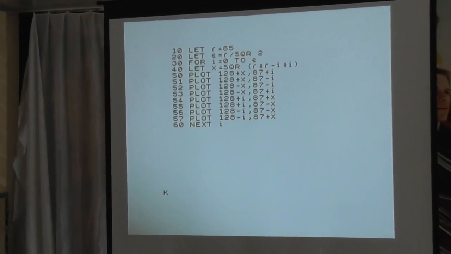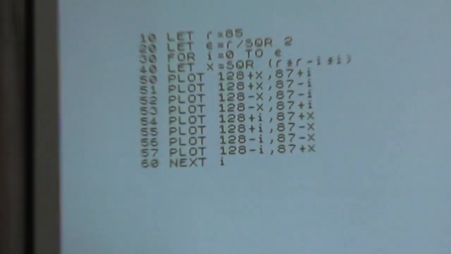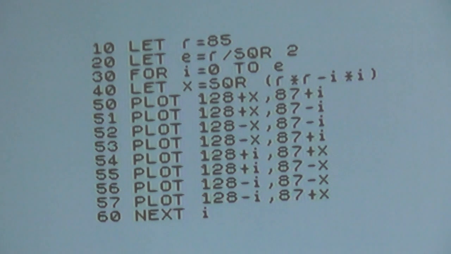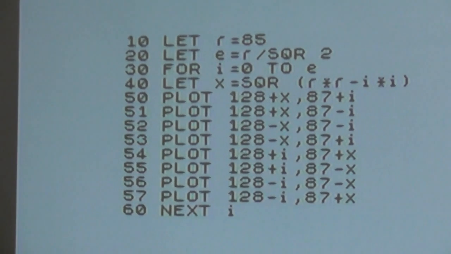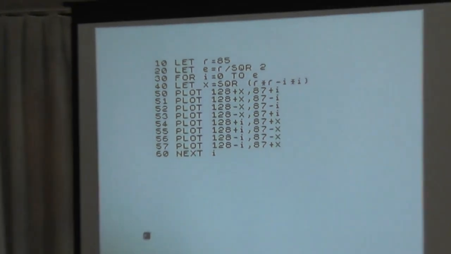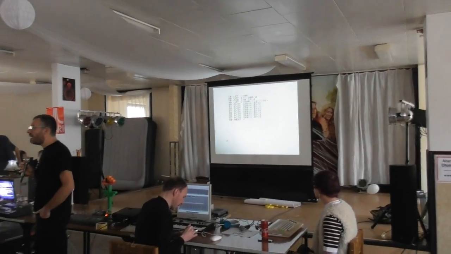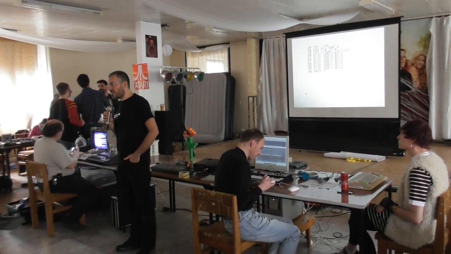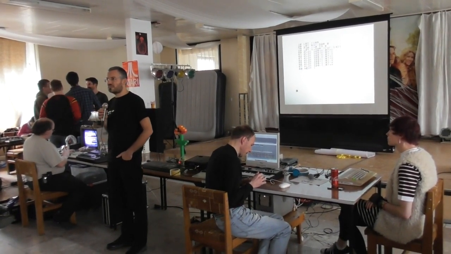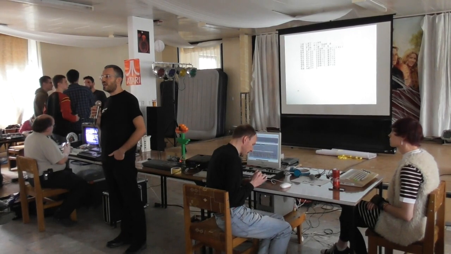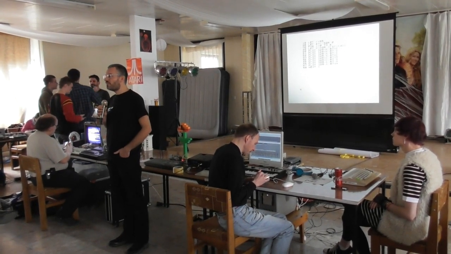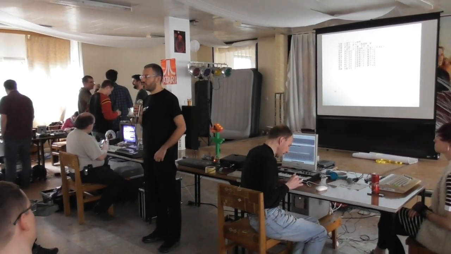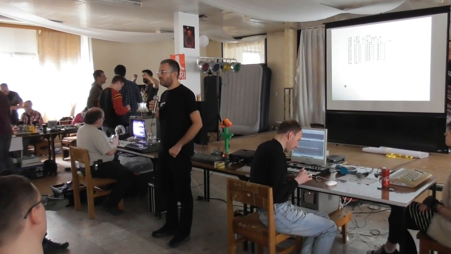So it's actually sufficient to calculate 1/8 of a circle, and the rest can be drawn using mirroring and rotation by 90 degrees and 180 degrees. And the second observation is that instead of using sines or cosines, you can rely on the Pythagorean theorem, namely that the sum of the squares of the two coordinates is constant.